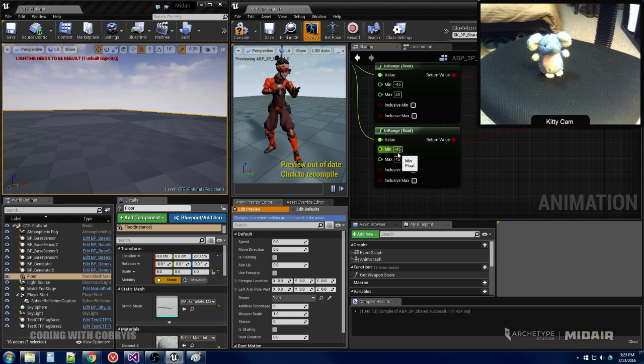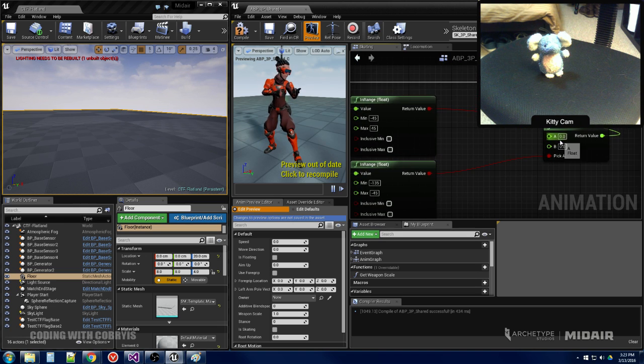Alright, so now if we're within -45, the max is now -45 because it's negative, and the min is now -135. If we're in that range, we'll pick -90.